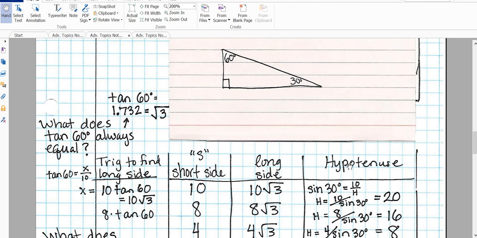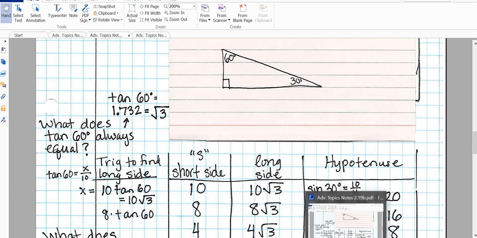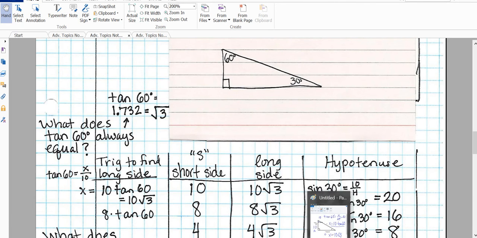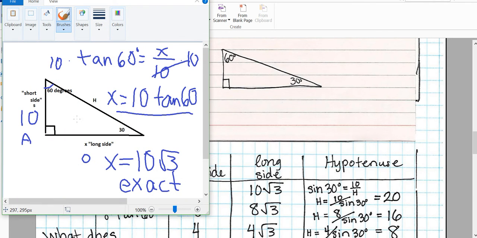Alright, and then the hypotenuse is across from our right angle. And so if our short side was 10, we would do the sine of 30 degrees is equal to opposite over hypotenuse. So, you can do that math, or you can look at how that would look here.